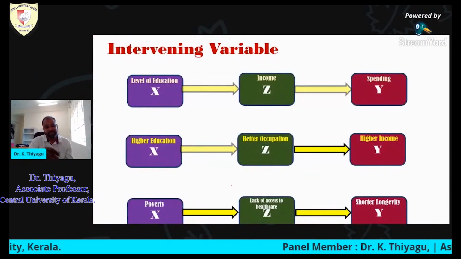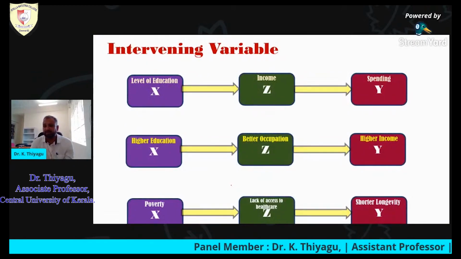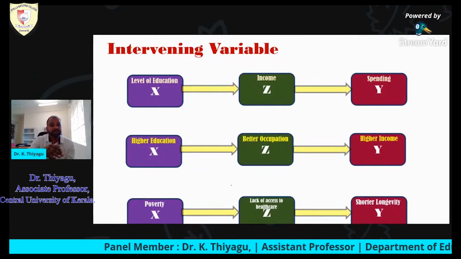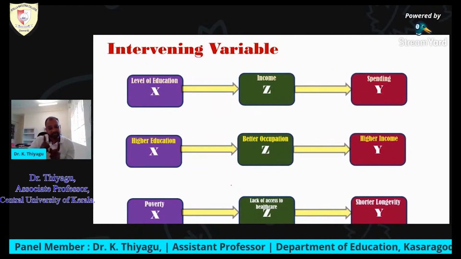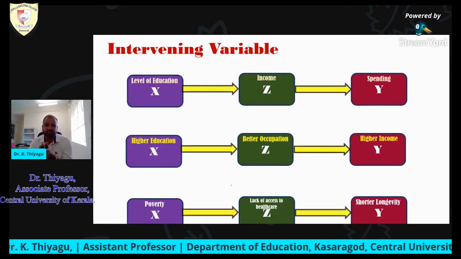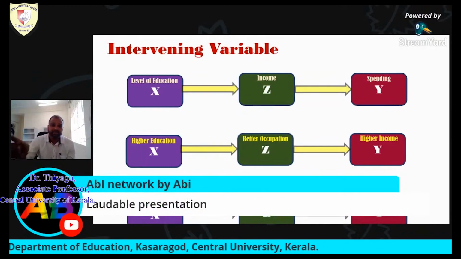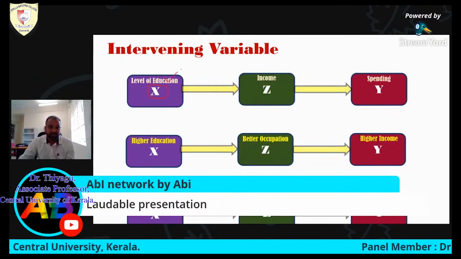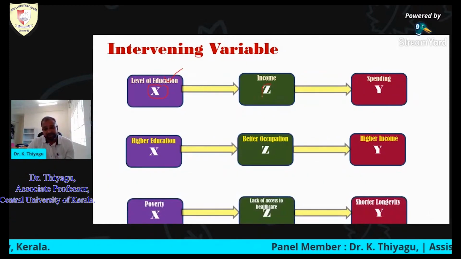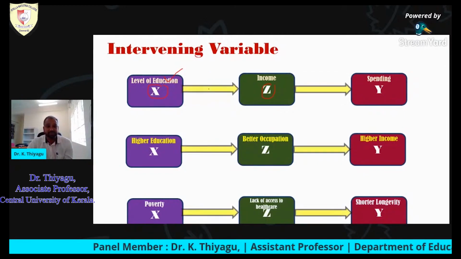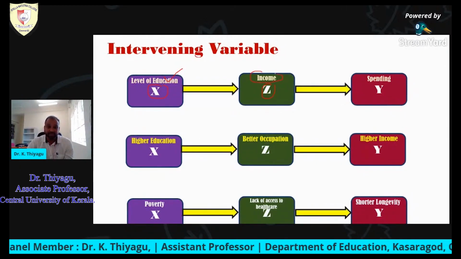Now I move to the next, what is called the intervening variable. What is it? It's like a linear pathway between X and Y. Z acts like a moderator, but in a linear way. For example, X is the level of education, and Z is a third variable. If the level of education increases, there's a chance the income level may increase.